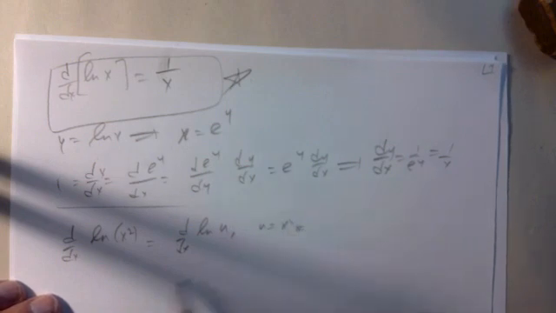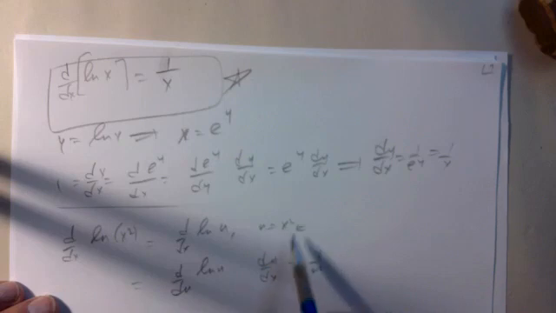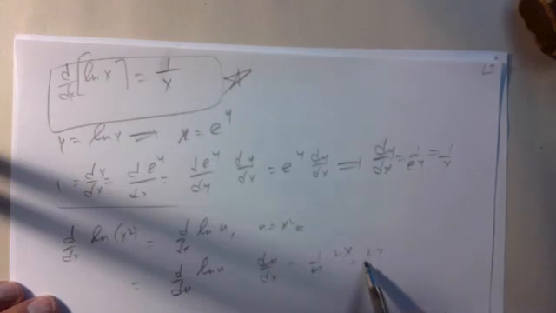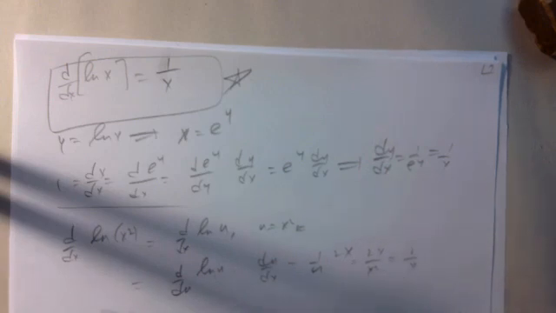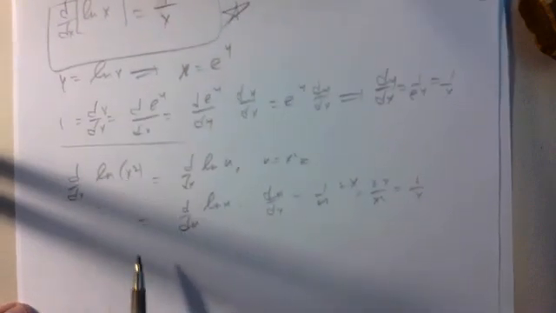So this would be the derivative with respect to u of log of u times du/dx. The derivative of log u is 1 over u, and the derivative of u with respect to x is 2x. So this is 2x over x squared, which is 2 over x. That's using the chain rule to find the derivative of the log of x squared.